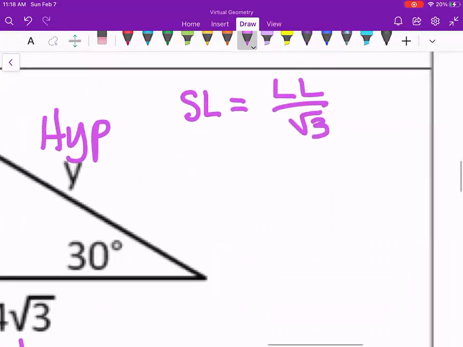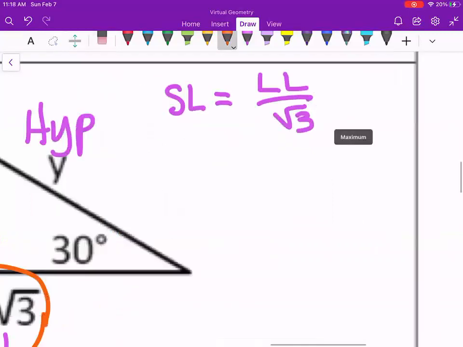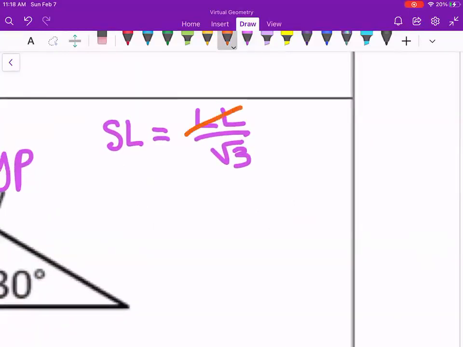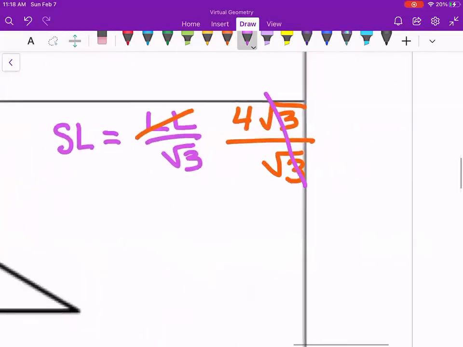Now, my long leg is 4 square root 3. So I have 4 square root 3, and I'm going to divide by that square root 3. And the square root 3's cancel out. And my short leg, which is my x, is equal to 4.